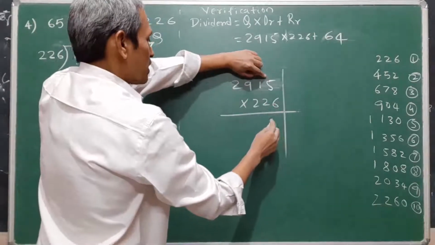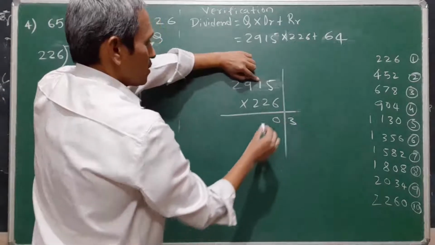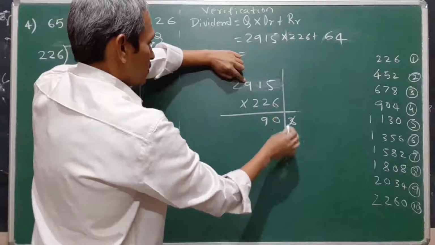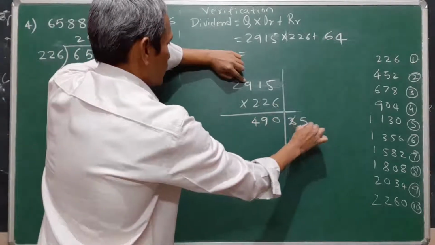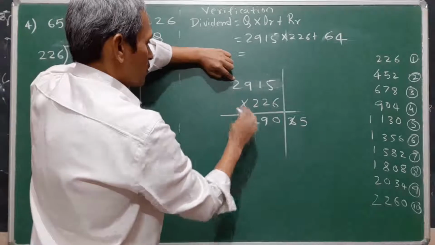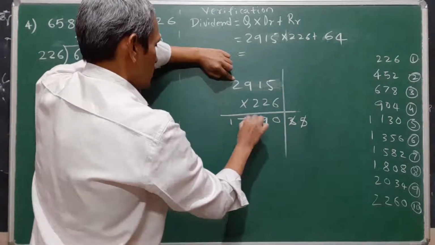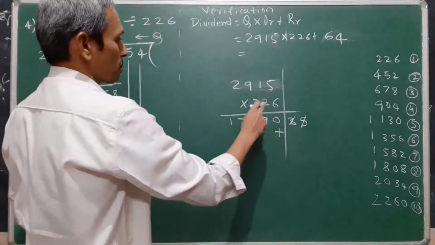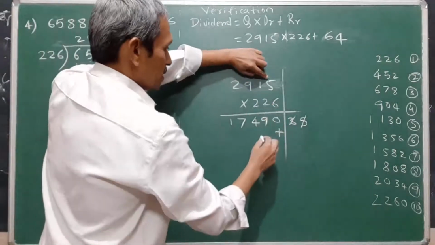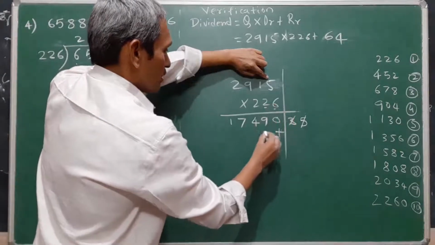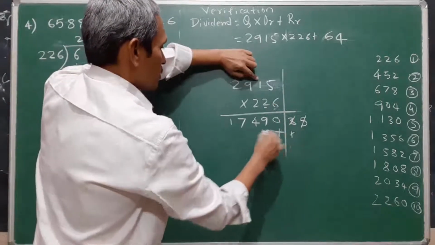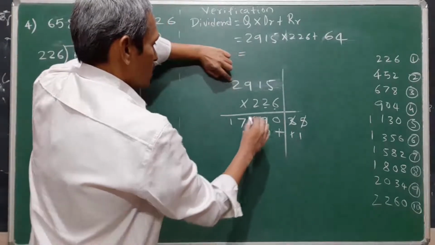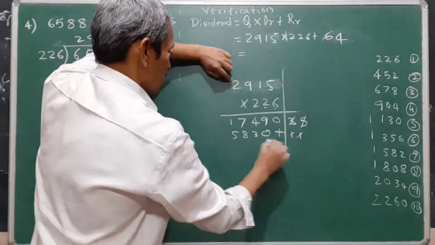See here, 6 5s are 30, 6 1s are 6 plus 3, 9, 6 9s are 54, 5 is here carry, 6 2s are 12 plus 5, 17. Now multiply by 2. 2 5s are 10, 2 1s are 2 plus 1 3, 2 9s are 18, 2 2s are 4 plus 1 5.